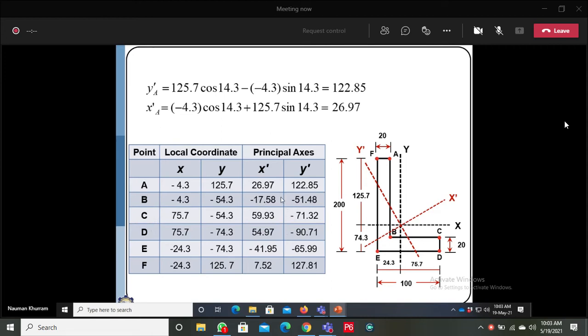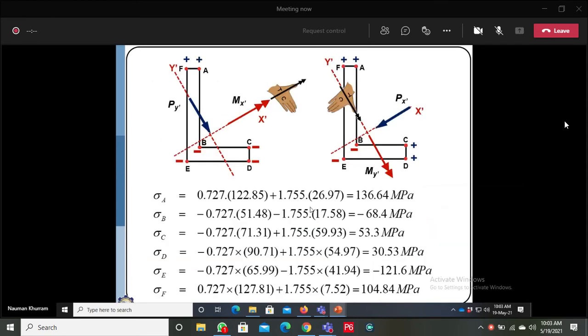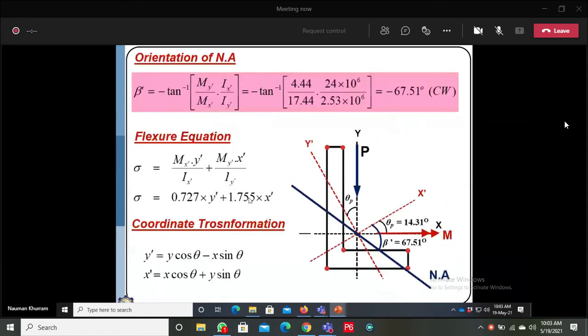The negative and positive signs with these values just indicate their quadrant with respect to the principal axis. But when we use these values in this equation, we need to substitute X bar and Y bar as positive.